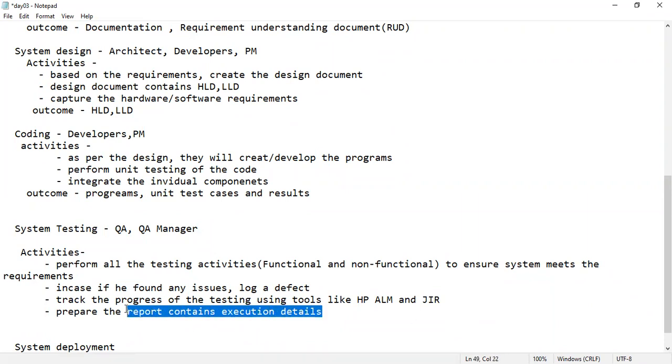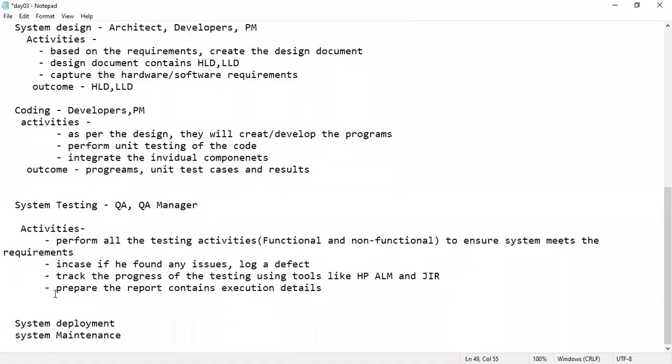That means today how many test cases are executed, how many passed, how many failed, what are the reasons for failed cases, and whether there are any open defects for those cases. You have to prepare a report and send it to your test lead. That is a part of system testing.